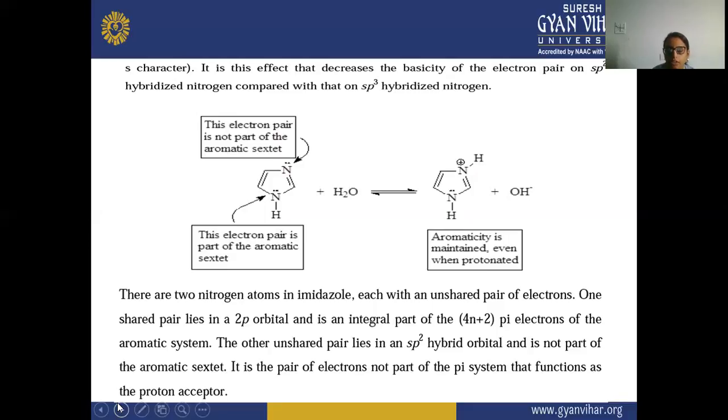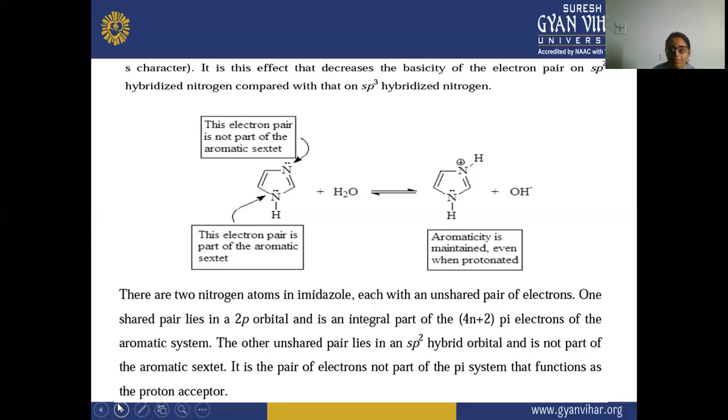The other unshared pair lies in an sp2 hybrid orbital and is not part of the aromatic sextet. It is a pair of electrons not part of the pi system that functions as a proton acceptor.